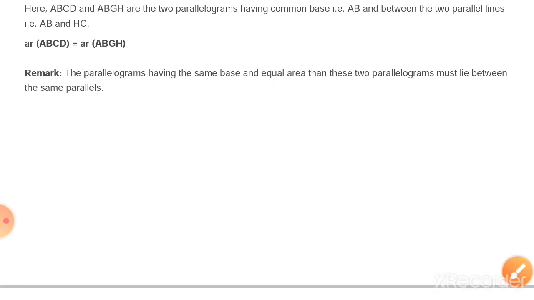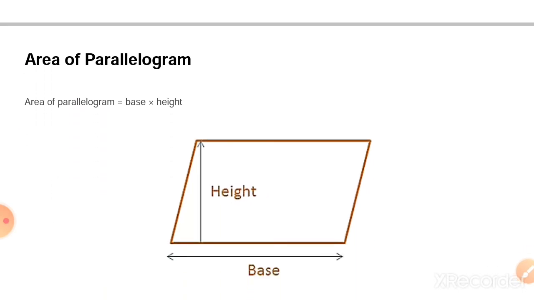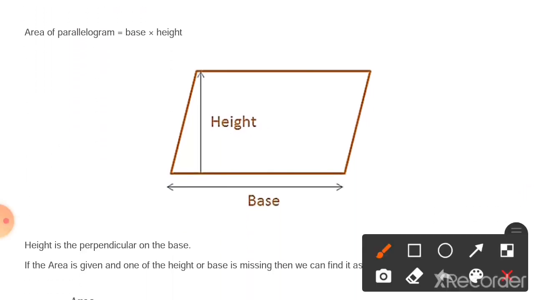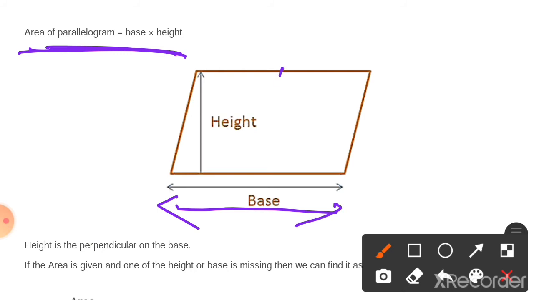Now, what is the formula to find the area of a parallelogram? Area of a parallelogram is equal to base multiplied by altitude, or we can say height. The height is the perpendicular on the base; it makes a 90 degree angle with the base.